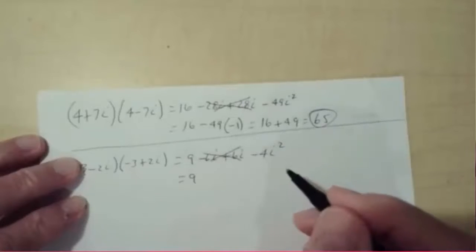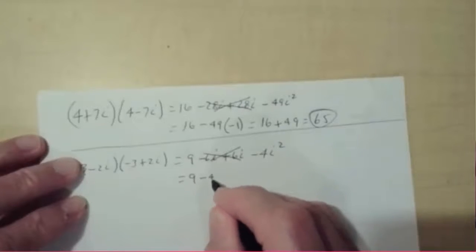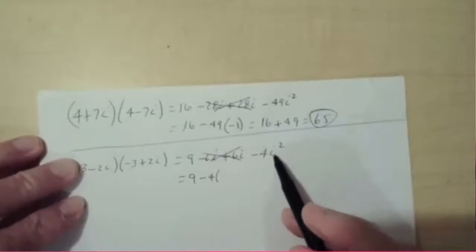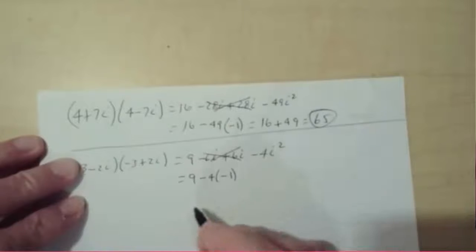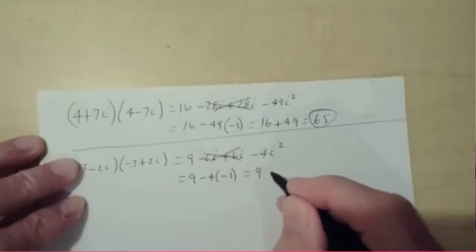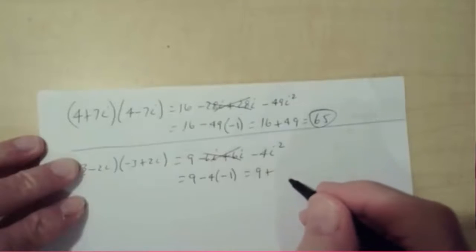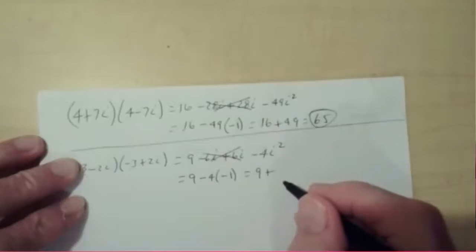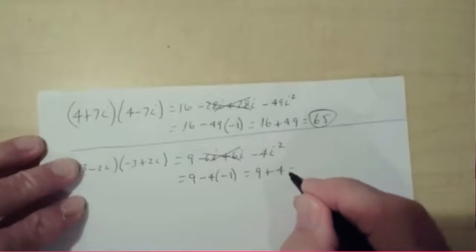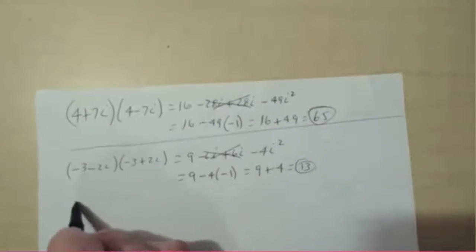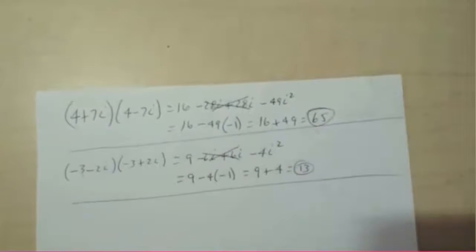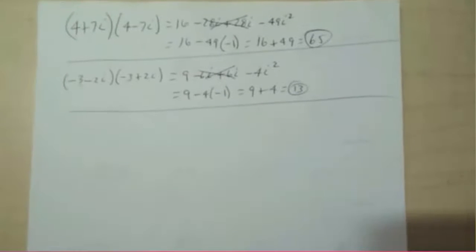So we have 9 minus 4 times, and remember, i squared is negative 1. So this equals 9 plus 4 is 13. Okay? You are going to see a couple of these on the final exam.